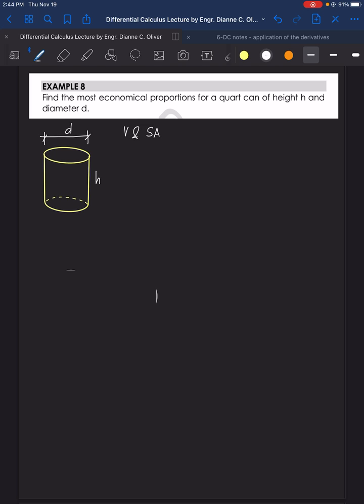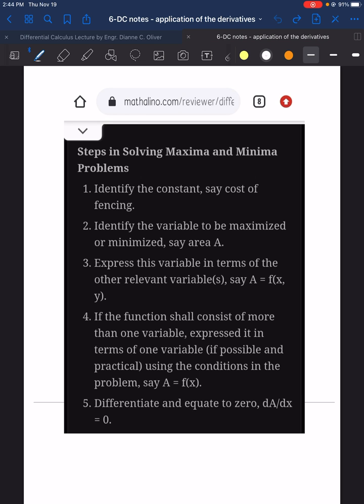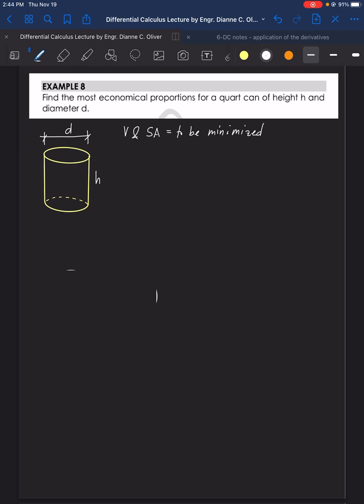So not only the volume is affected, but also the surface area to be, say, minimized. Next, express these variables in terms of the other relevant variables.